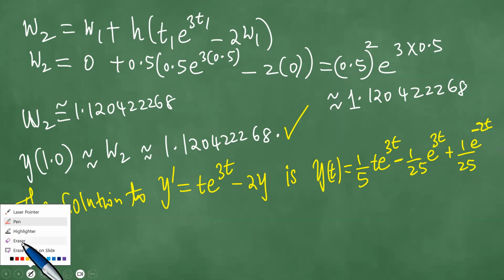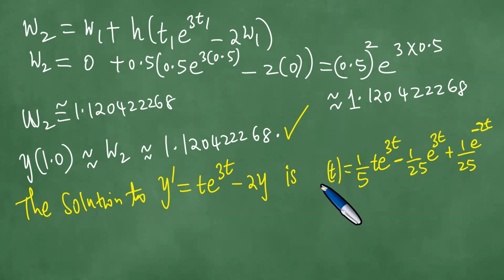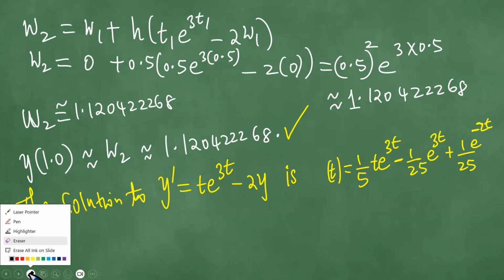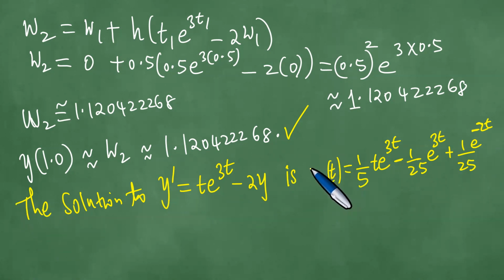Okay, so now we have this. This sort of becomes the solution to that equation. All right. Now if this is a solution to the equation, then what is y at 0?